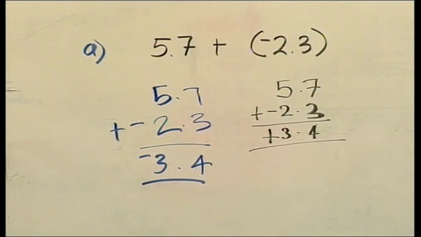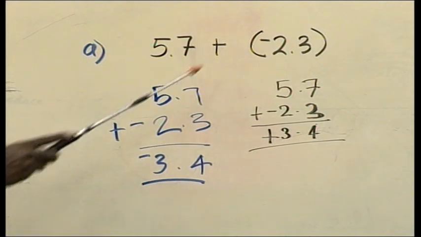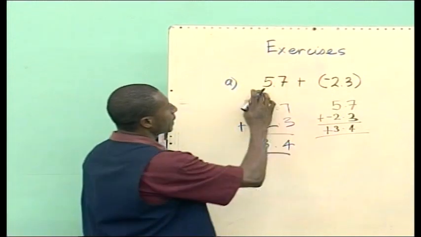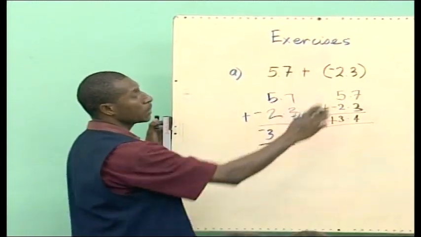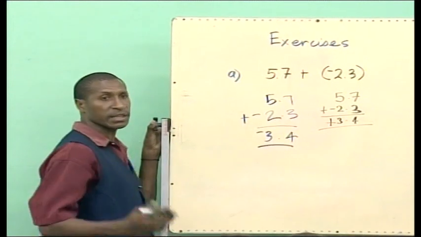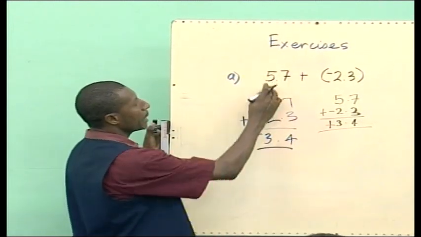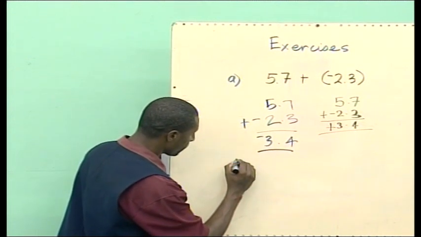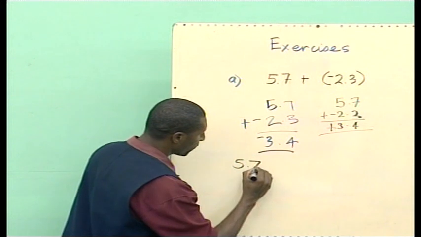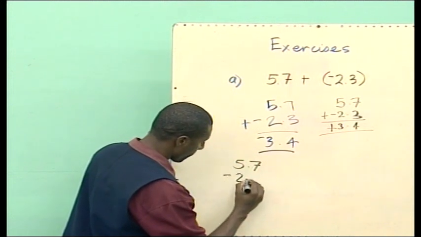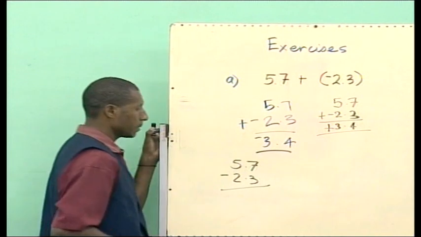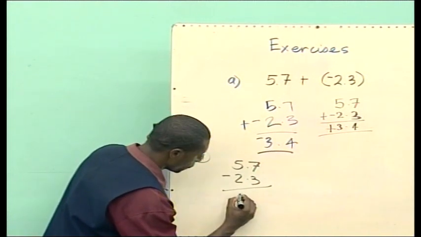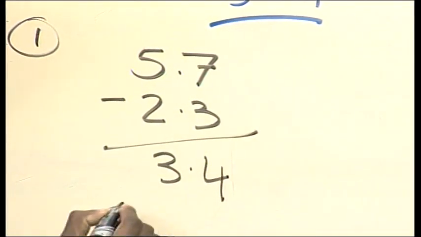We have 2 answers here, so let us correct it together with the teacher. Step number 1, because we are adding 2 different signs, we subtract the smaller number from the bigger number. The bigger number here is 5.7. The answer to step 1 is 3.4.